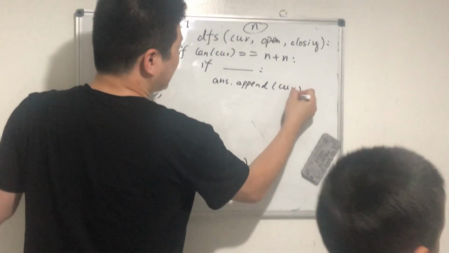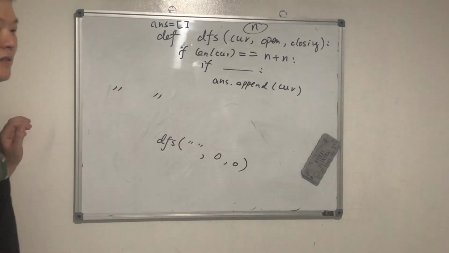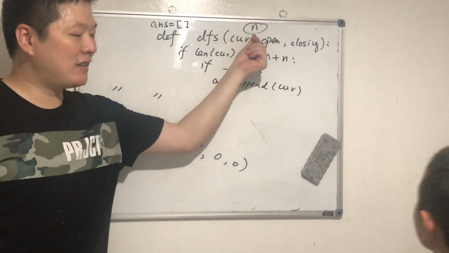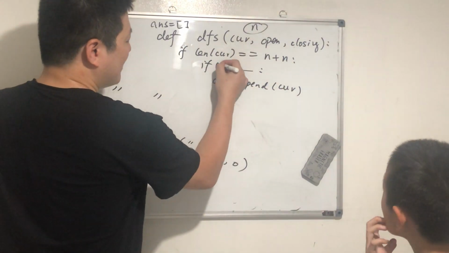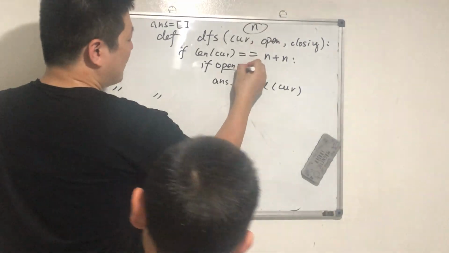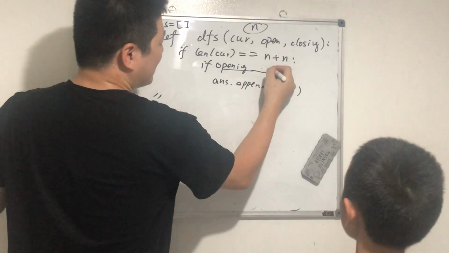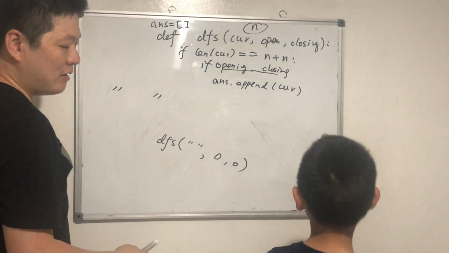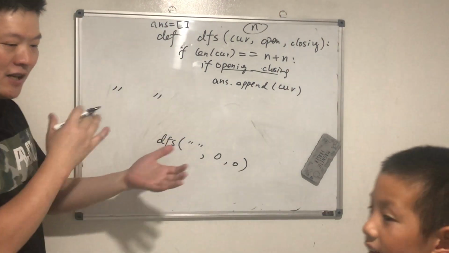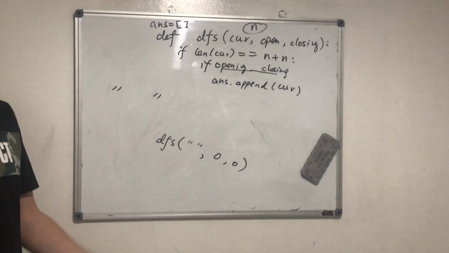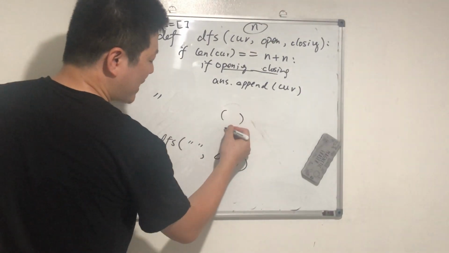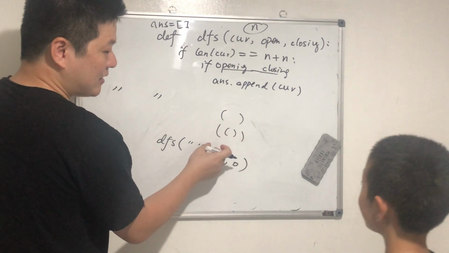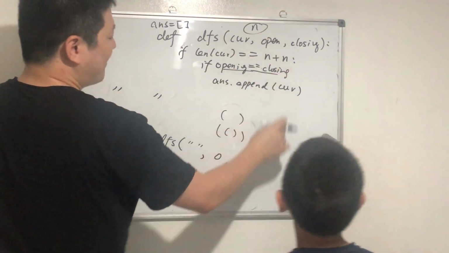Can you tell me what this is? For a valid parenthesis, what's the relation between the numbers of the parentheses? Opening and closing are equal. Yeah, equal, right?